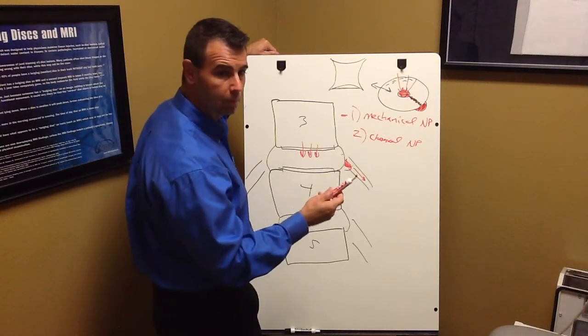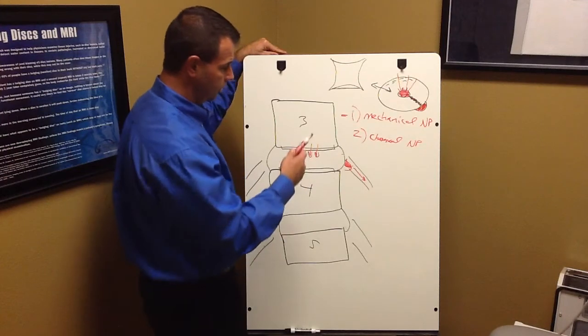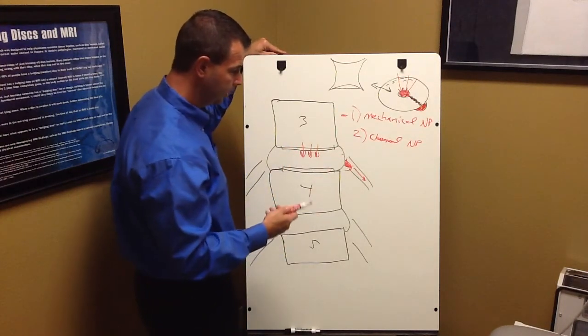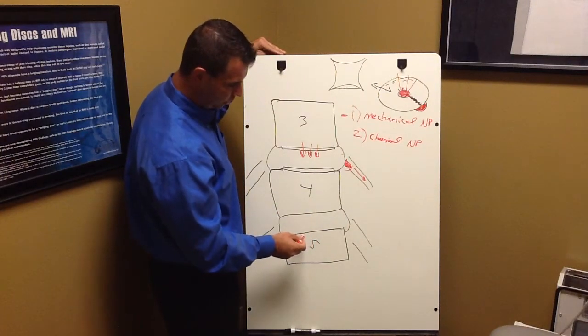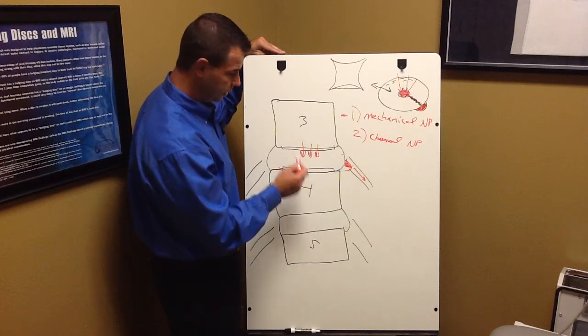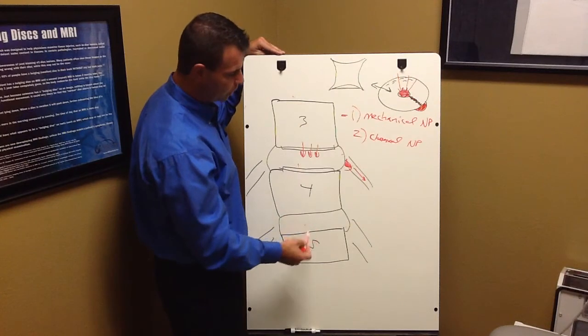So let's talk about how we would treat low back pain, herniated disc, and nerve pain. The first thing we're going to do is go in and do some joint mobilization. We're going to do some work at each level here to help create movement.